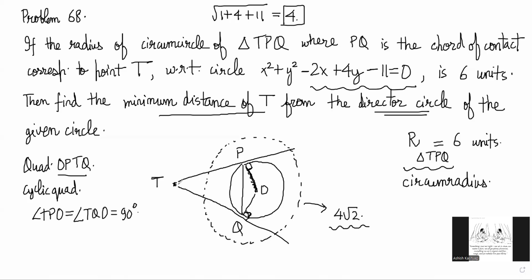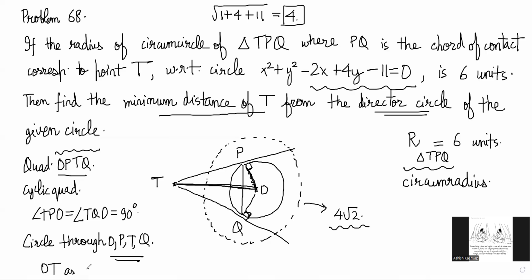Therefore, this line OT becomes the diameter of the circle that passes through O, P, T, Q. That circle has OT as diameter. And notice that it is the same circle that we are talking about.